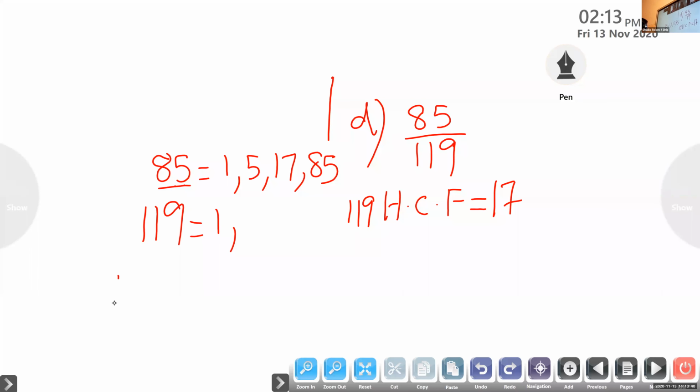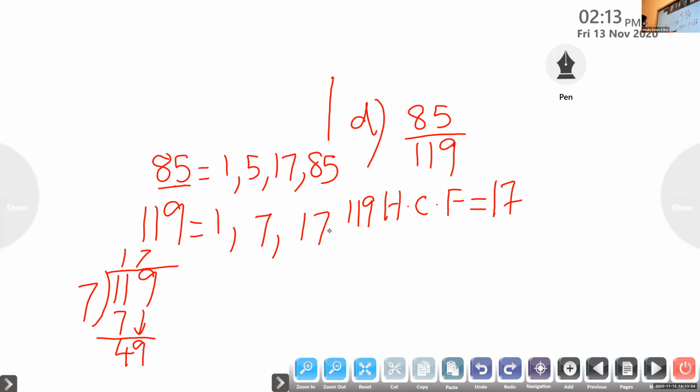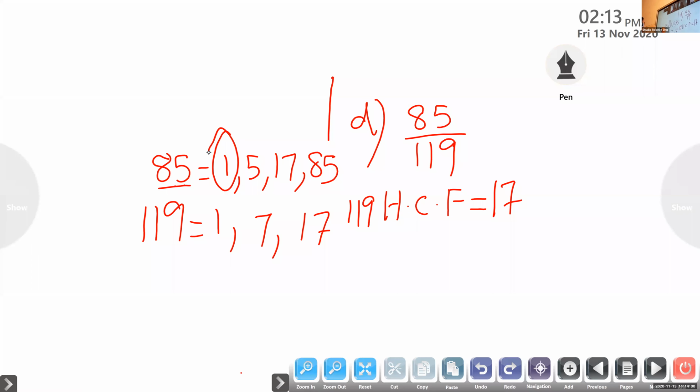When we check with 7, 7 sevens are 49. So 7 times 17. From here, circle the common factors. Here also 17 and here also 17. So the HCF we got is 17.